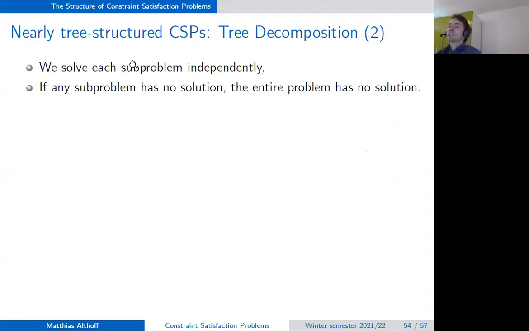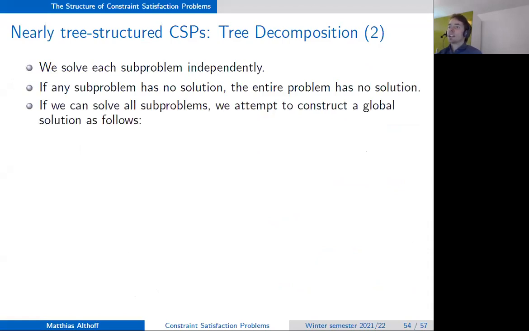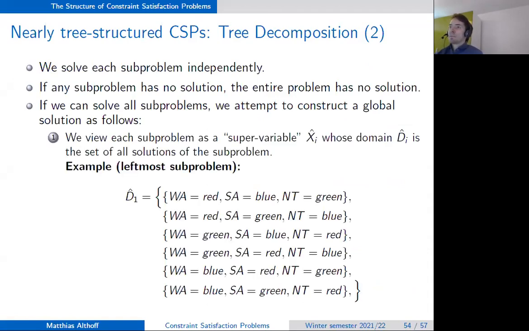Now what we do is solve each subproblem independently. If any of these subproblems has no solution, we know that the entire problem has no solution, so we can quickly make this decision. If we can solve all the subproblems, then we have to construct a global solution as follows. Let's start with solving the first subproblem.